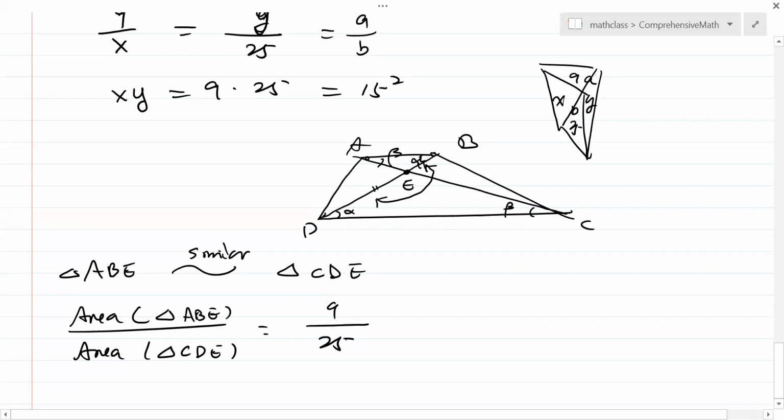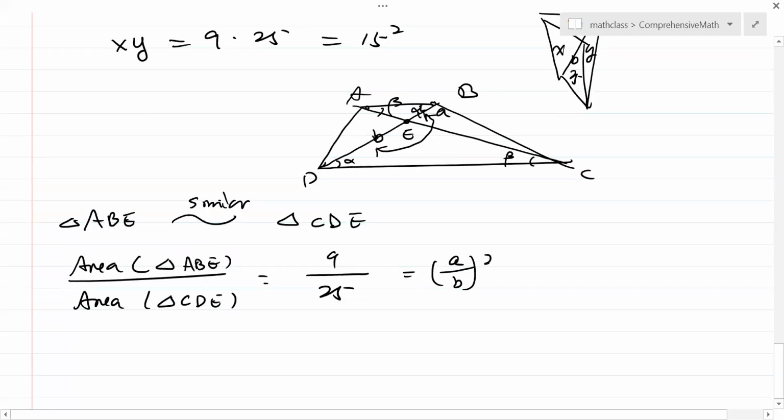But this is going to be A over B squared, because that's the ratio of the sides of the two similar triangles. So actually A over B is given. It's going to be 3 over 5.